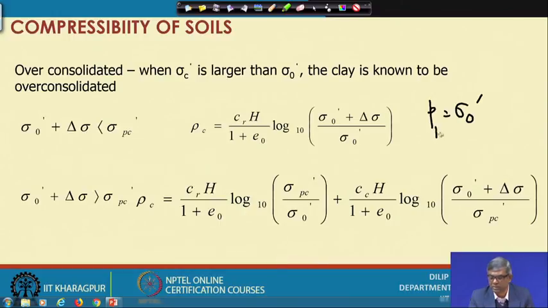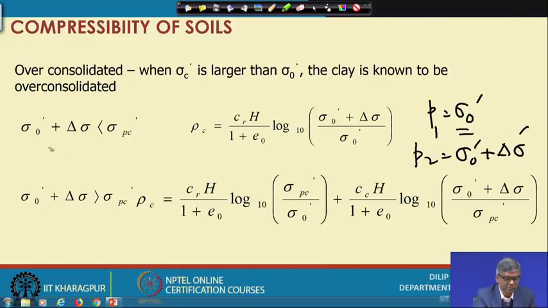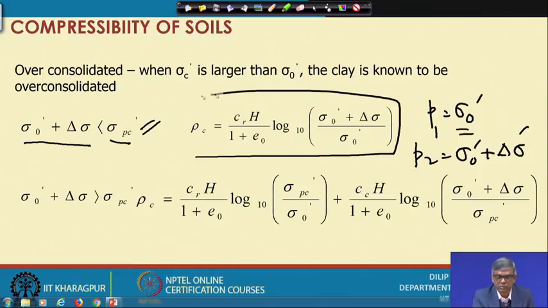So, P 1 is sigma naught dash, and P 2 is equal to sigma naught dash plus delta sigma dash. The two cases: when sigma naught plus delta sigma is less than the pre consolidation pressure, this formula is used, where instead of C c, CR will be used, and if CR is not given, 1/3 to 1/5 of C c can be taken.